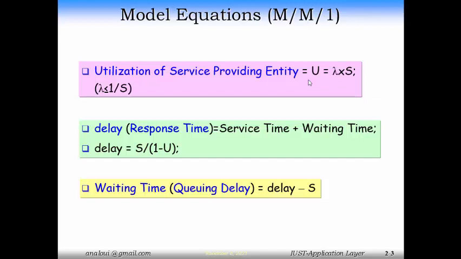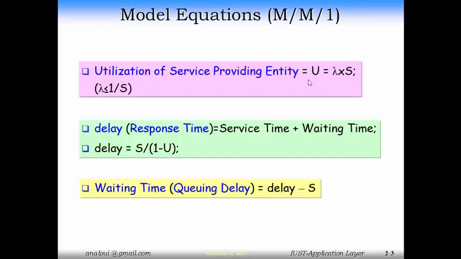For example, let's suppose that I have 10 functional units and I'm using 5 of them. Okay, in this case, my server is utilized 50% because I'm using 50% of the capacity of the server.